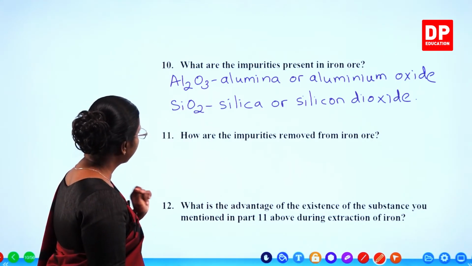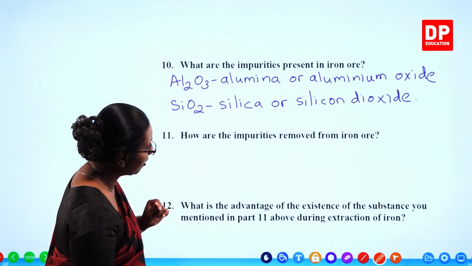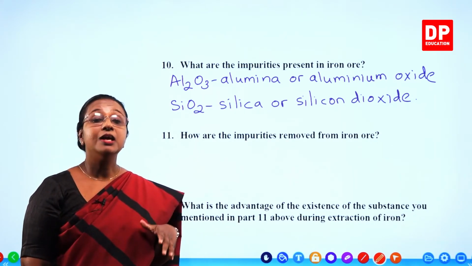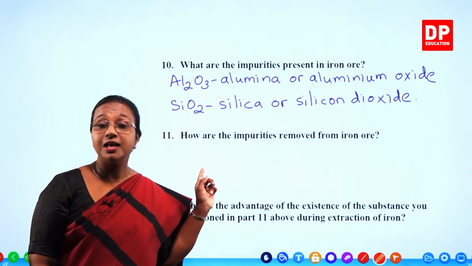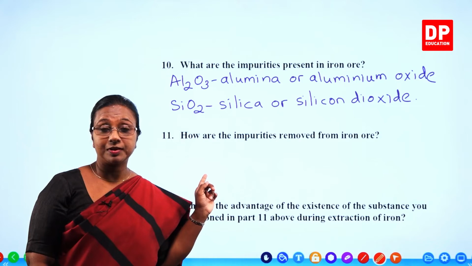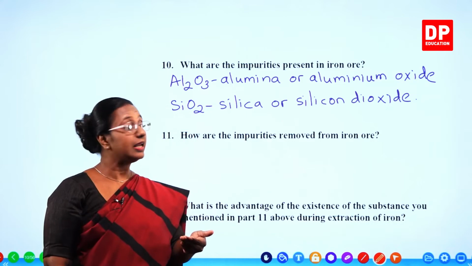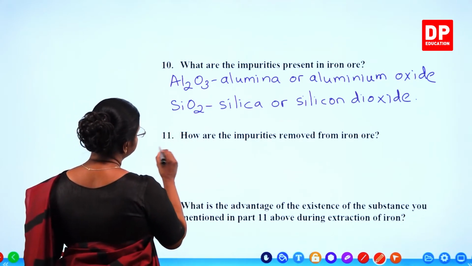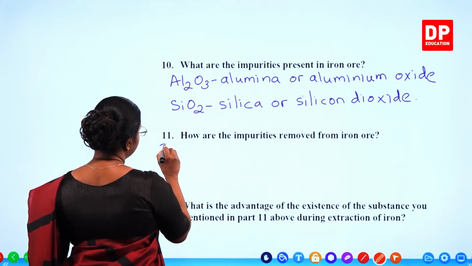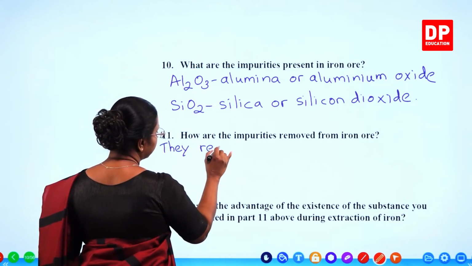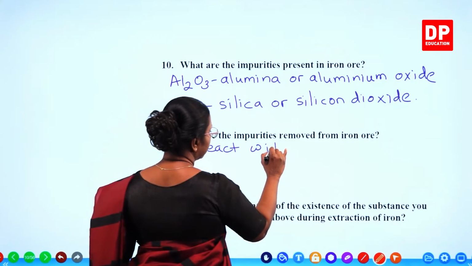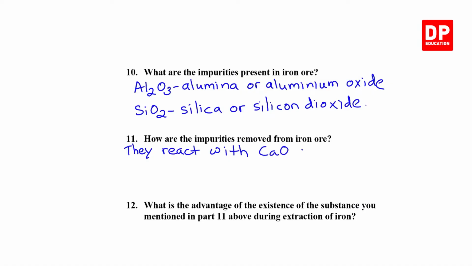So then the 11th one. How are the impurities removed from iron ore? How do we remove that? When these 2 substances react with calcium oxide formed from calcium carbonate, they form slag. So slag removes the impurities. So we can say they react with calcium oxide and form the slag.